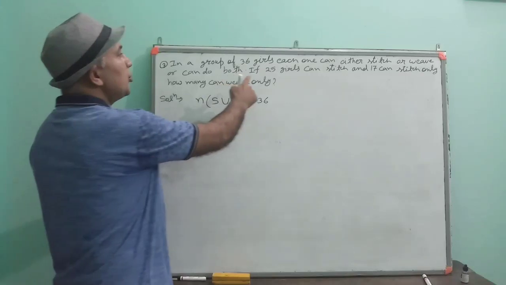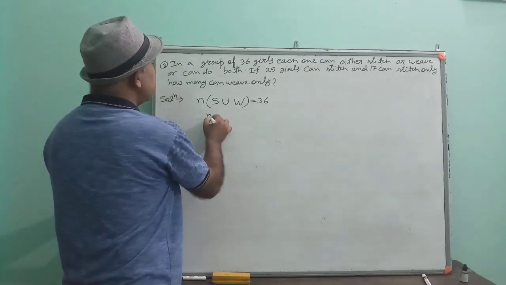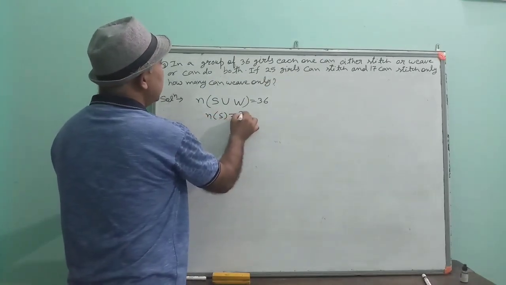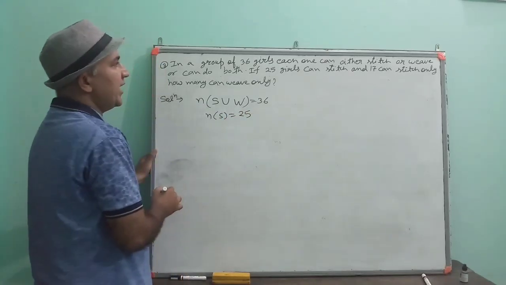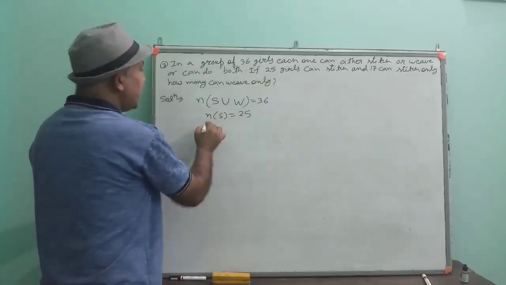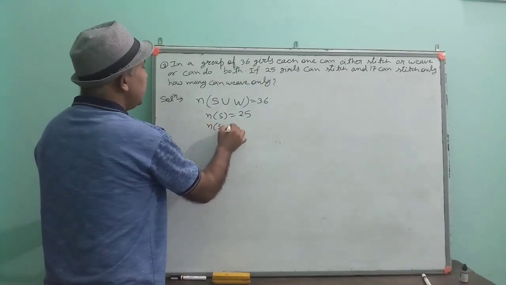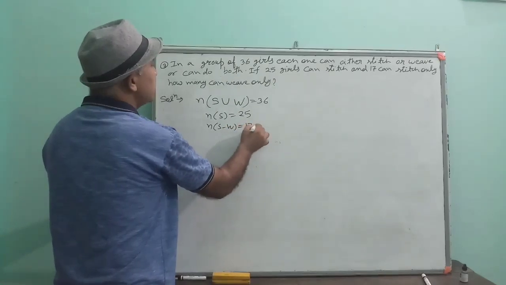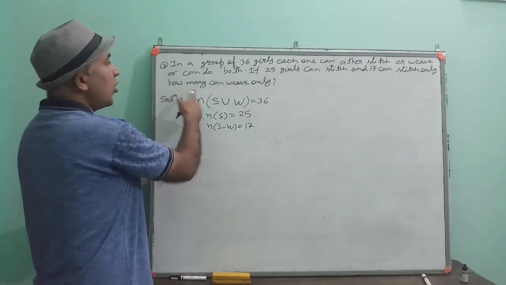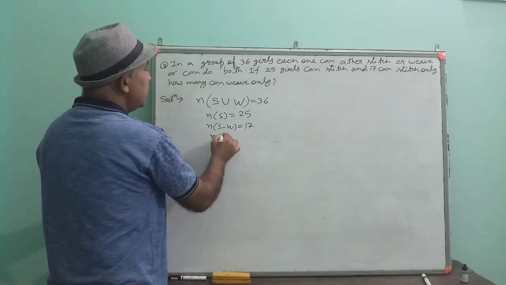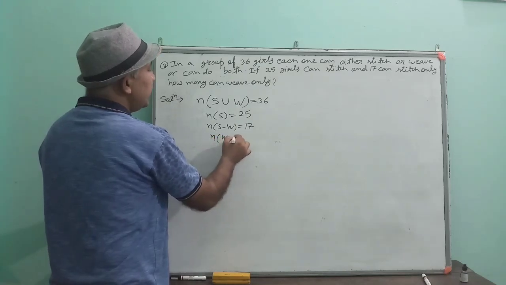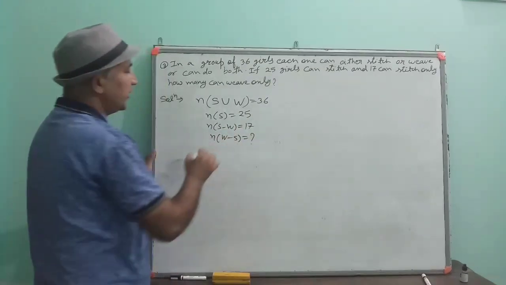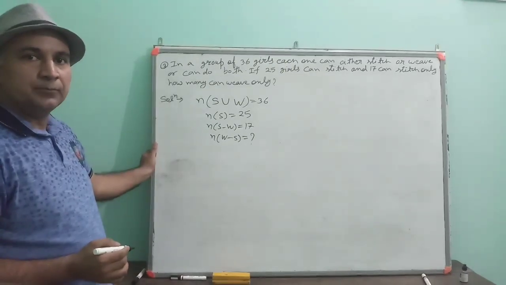Now 25 girls can stitch means n(S) is equal to 25, and 17 can stitch only means stitching minus weaving. And how many can weave only? Weave only means weaving minus stitching. This we have to find.